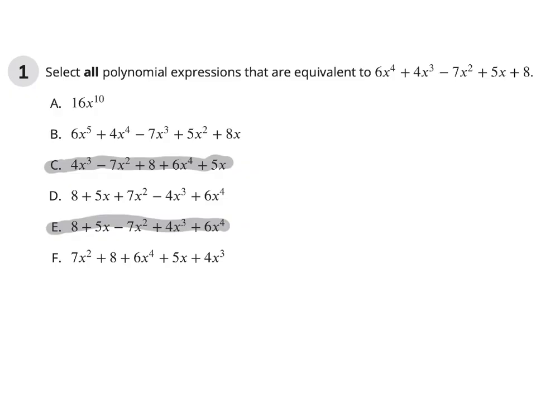The example up here is in proper order, where the highest degree is first, and then you go in descending order down to a constant term, which has no exponent, no variable. So C and E have all the terms the same, the negative 7x squared and the other ones, the negatives change places. And with A, you cannot add different letters and numbers together. You can't do it.